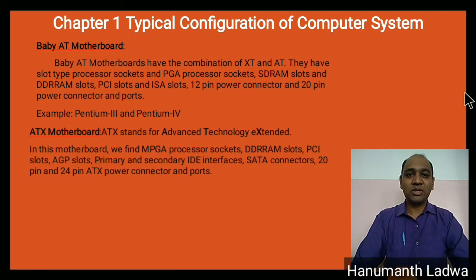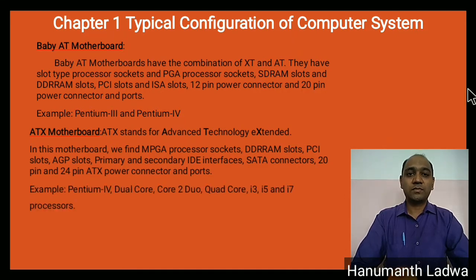Let us continue with the fourth type, ATX motherboard. ATX stands for Advanced Technology Extended. In this type of motherboard, we find MPGA, that is Micro Pin Grid Array processor socket, DDR RAM, double data rate random access memory slots, PCI, peripheral component interconnect slots, AGP, accelerated graphics port slots, primary and secondary IDE interfaces, SATA, that is serial advanced technology attachment connectors, 20-pin and 24-pin ATX power connector and ports.